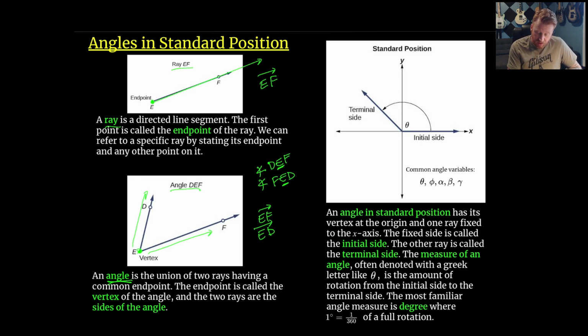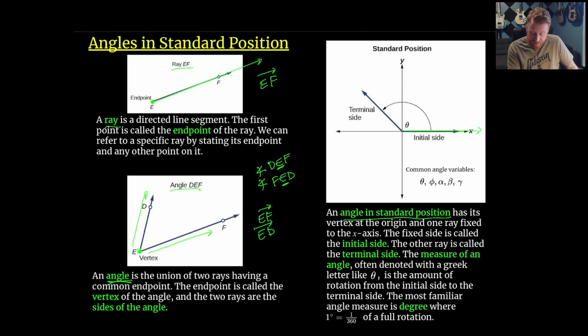As we now take that angle in standard position, it means that we're going to fix it onto the axes here, the XY plane. We're going to fix one of the sides to the x-axis, and we will call that the initial side.